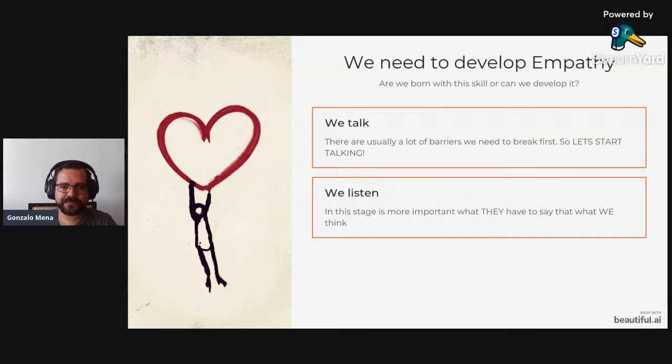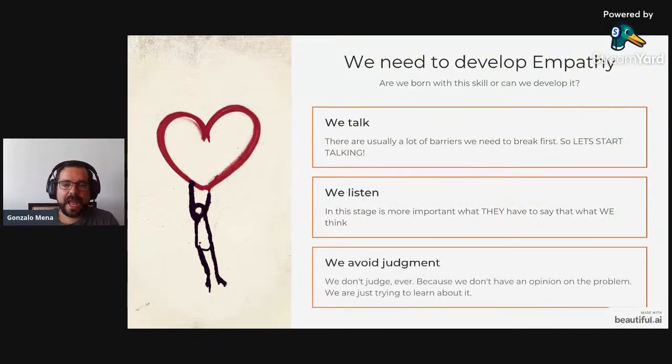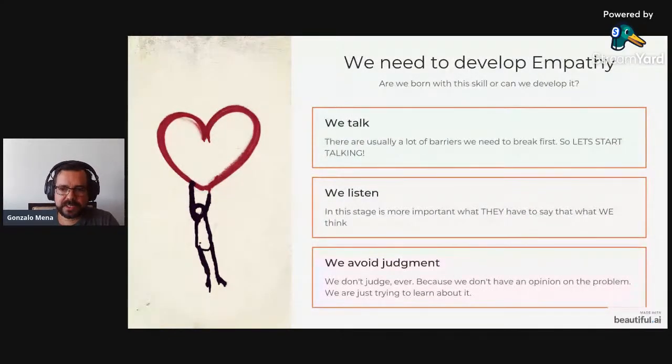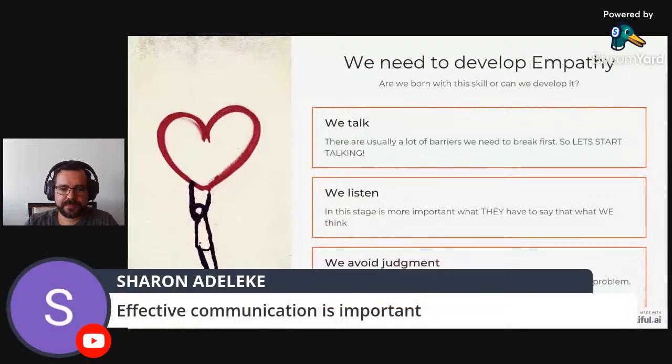That's the goal of this. And by all means, avoid judgment. What we have in our heads regarding the problem, regarding the solution, regarding what I think of the people that are having the problem, just get it out of your head and go there with a clean mind. Don't judge the person.